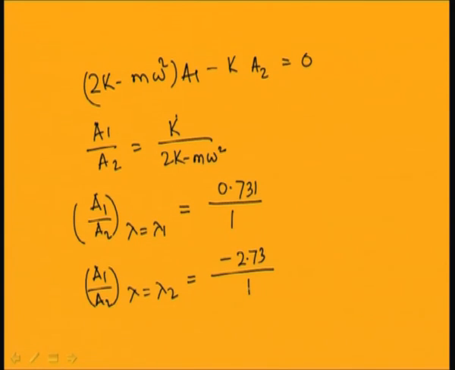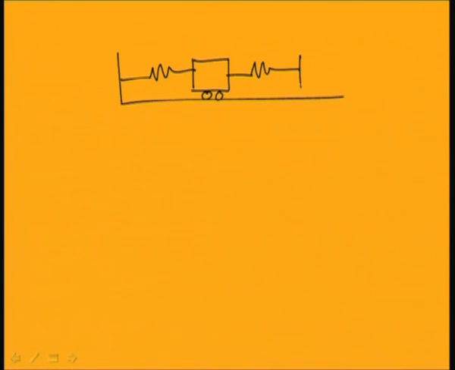In this case you can observe that in the first case, when the natural frequency lambda 1 equal to root over 0.634 K by M, your system will be like this. This is the original system. Now, it will have a frequency lambda equal to lambda 1.